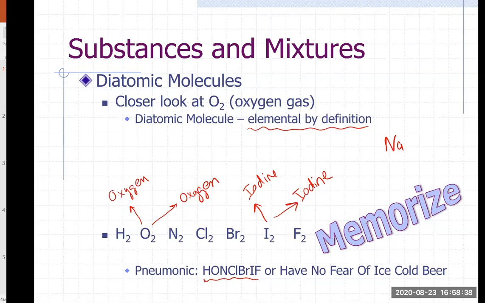Or you can memorize the other mnemonic that students have given me before: have no fear of ice cold beer. Either way, you've got to memorize one of these mnemonics, or you have to memorize all of these diatomics, because anytime you write a balanced reaction equation, it is composed of diatomic molecules. They're going to be written with that subscript 2.